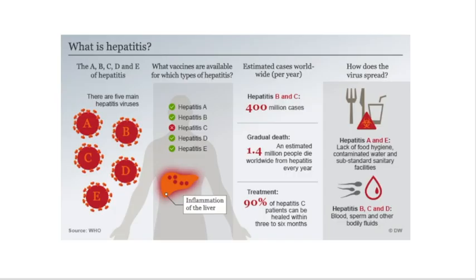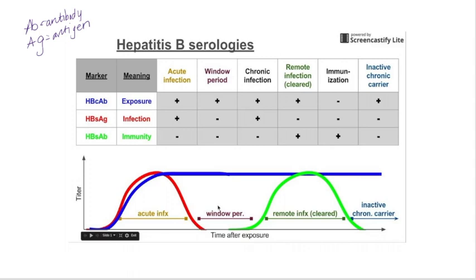If you go back up to the surface antigen: window period negative, remote infection cleared negative, and the rest of them. So hepatitis surface antigen will only be present in an acute infection and chronic infection. So it's indicating that there is an infection.